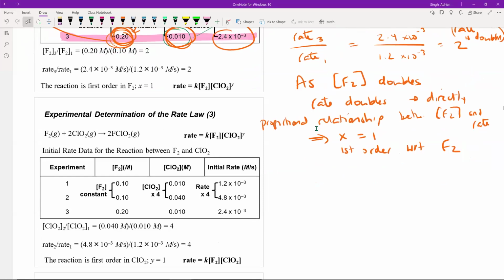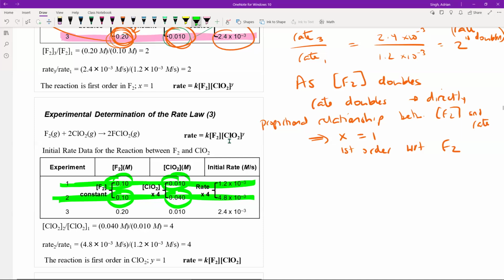Similarly, we can look at the other reactant, ClO2. We can compare two reactions where the concentration of ClO2 changes. So we compare reactions 1 and 2 now. Here we see that ClO2 changes, whereas F2 stays the same, so we can select those two.